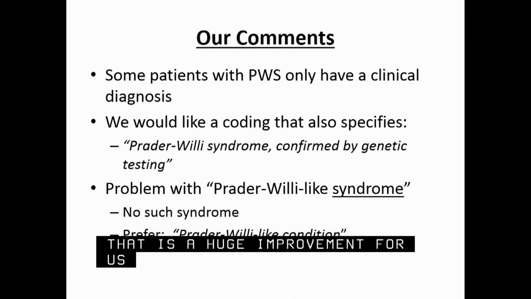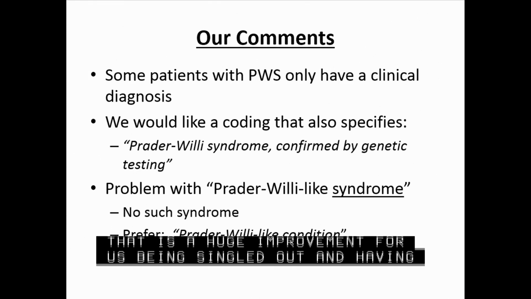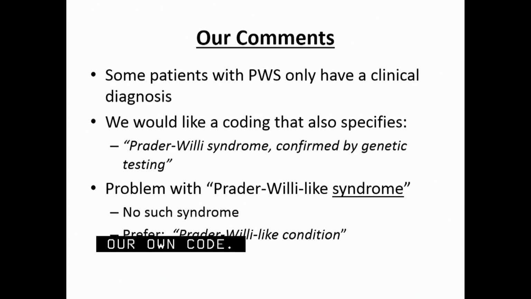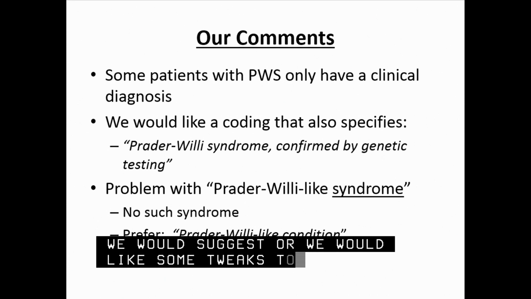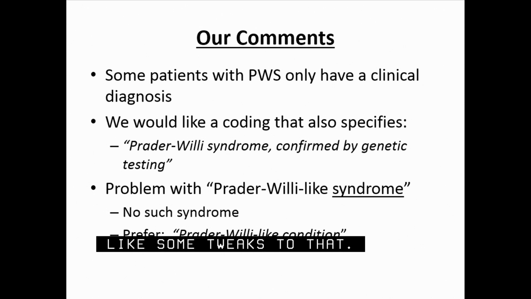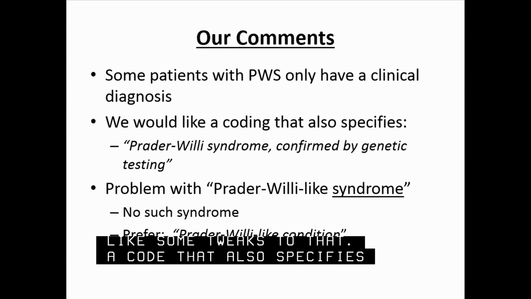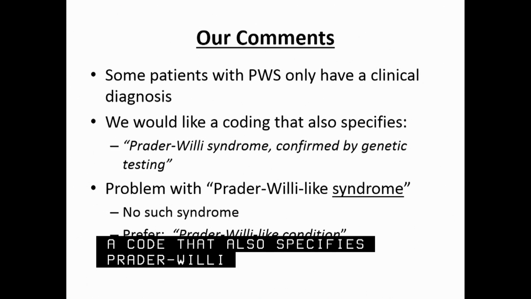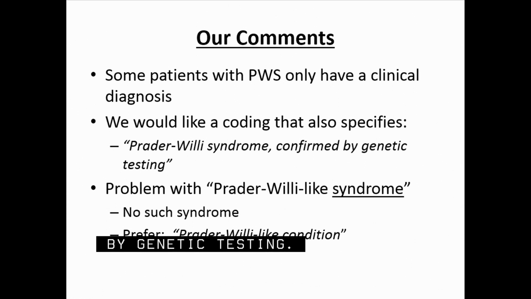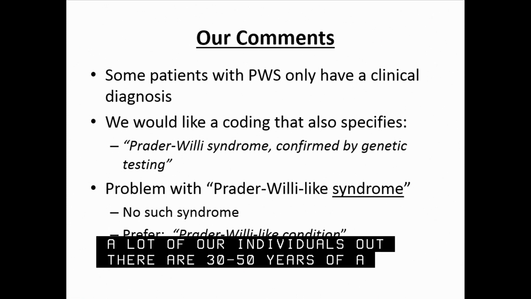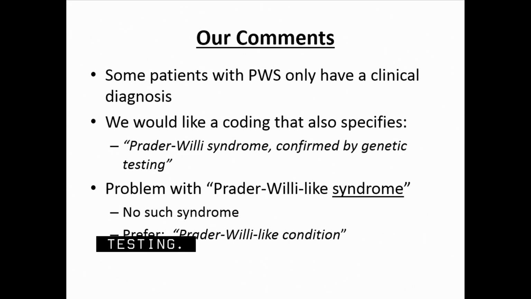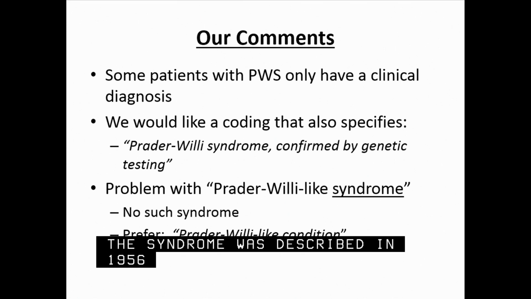We would suggest some tweaks to that, in that a code that also specifies Prader-Willi syndrome confirmed by genetic testing. The reason for that is that a lot of our individuals out there are 30, 40, 50 years of age and haven't had appropriate genetic testing. The syndrome was described in 1956 by Prader, Labhart, and Willi, but we didn't have a genetic test till 1981, and that only picked up 50% of cases.